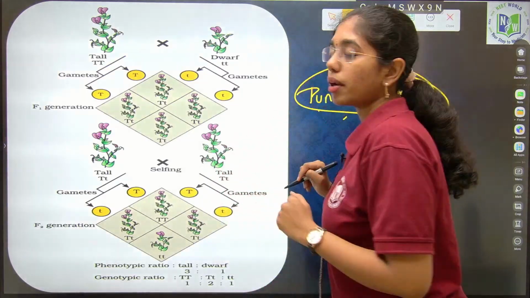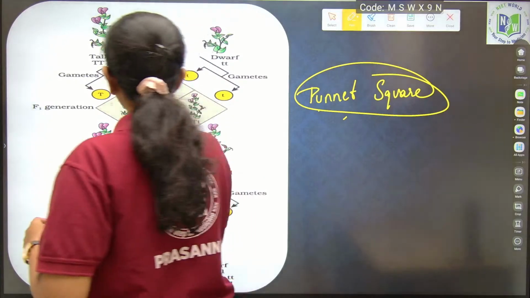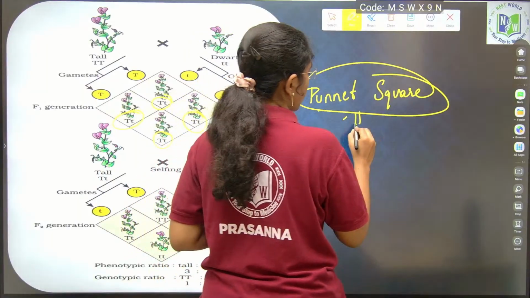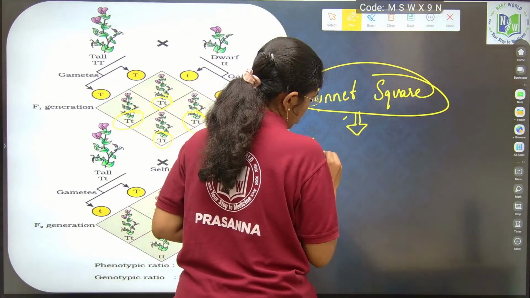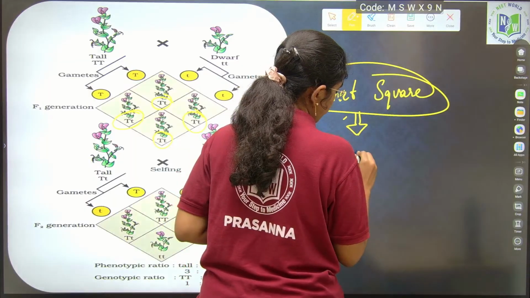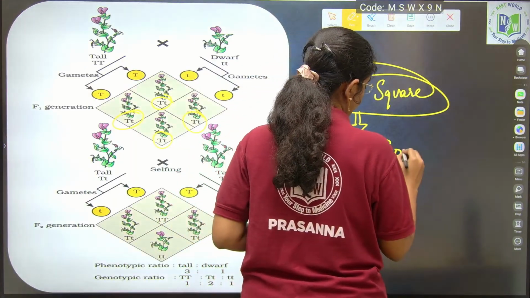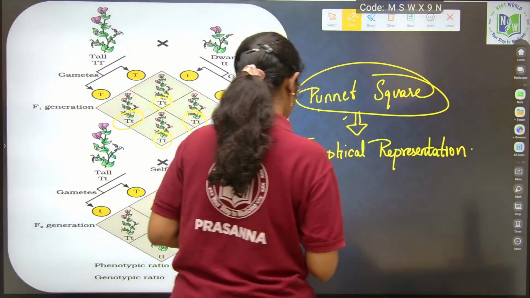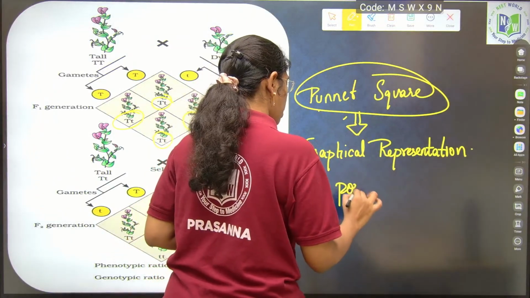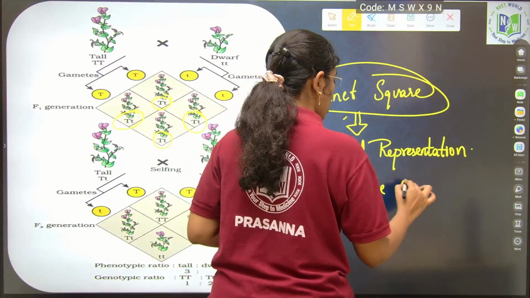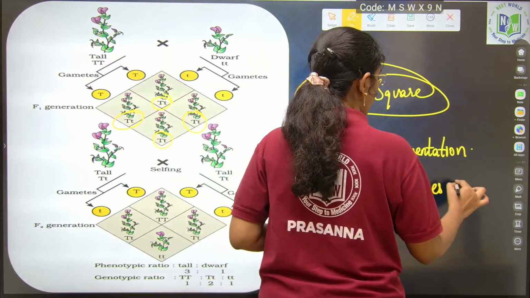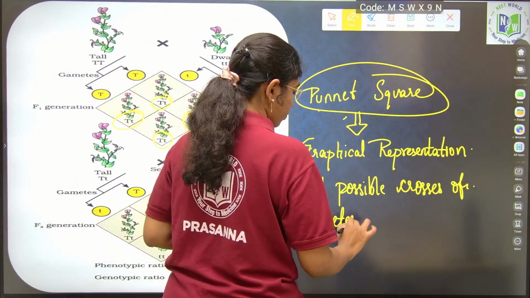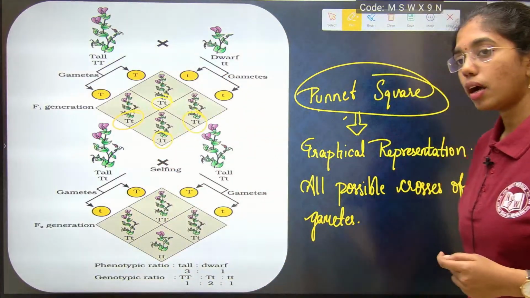It is a graphical representation which shows all possible crosses of gametes during the time of fertilization. Clear till here? Any doubts anywhere?